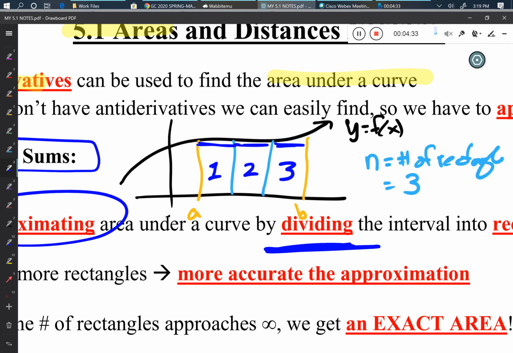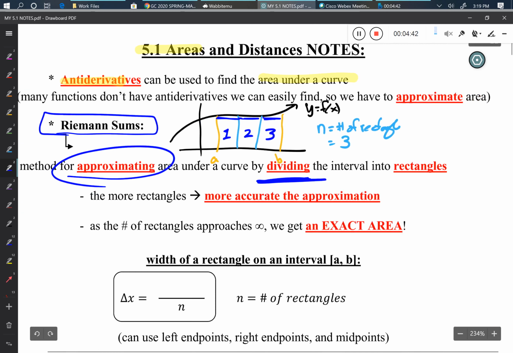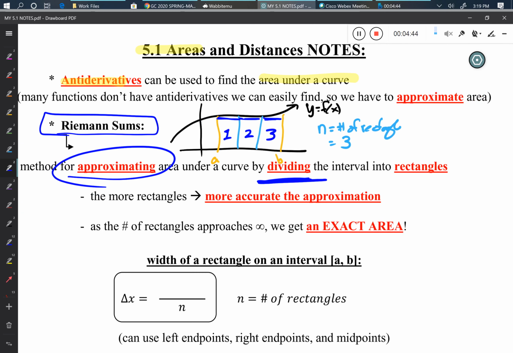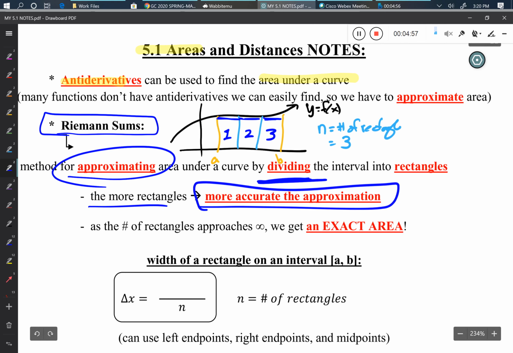I'd add those 3 areas together and say the approximate area under that curve is the sum of those 3 rectangles. Right? So we're going to approximate the area under a curve by dividing it up into rectangles. Now what we're going to find is that the greater the number of rectangles, the more rectangles that we use, the more accurate our approximation gets. Right?